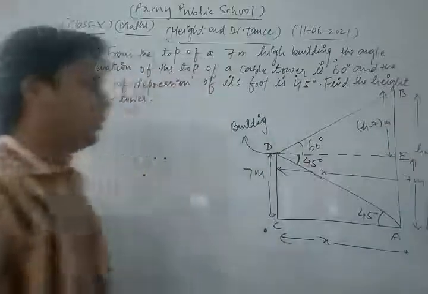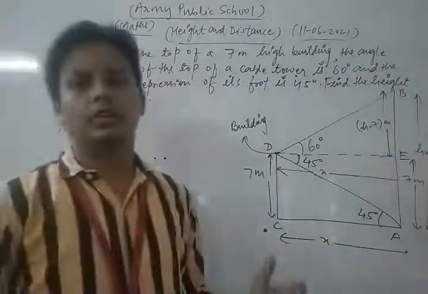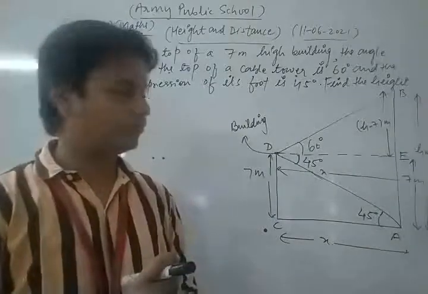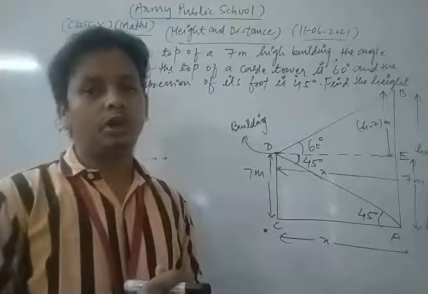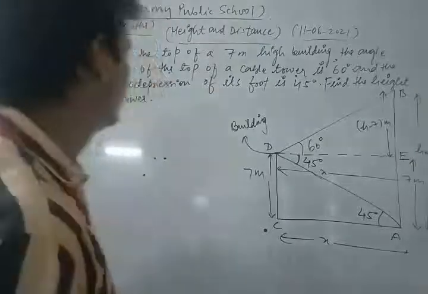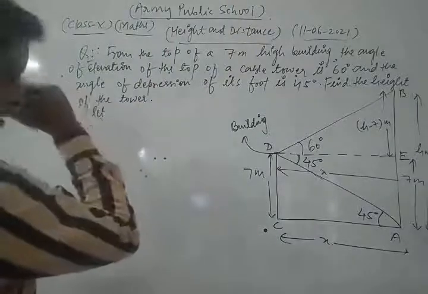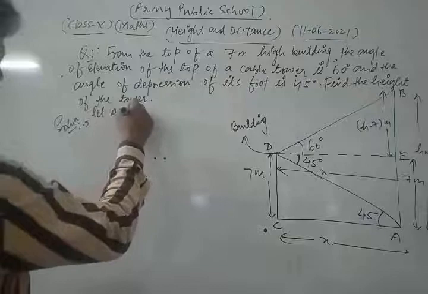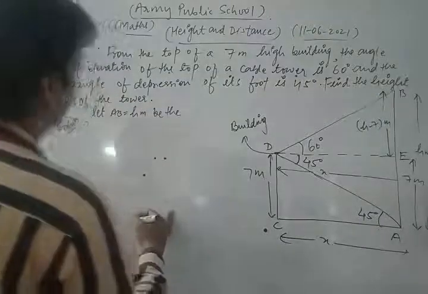So first of all, dear students, according to the question, we draw the figure. Now we mention each and every value which we draw in the figure. So dear students, from the figure, let AB equal H meter be the height of the tower.